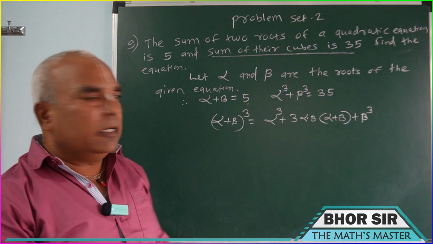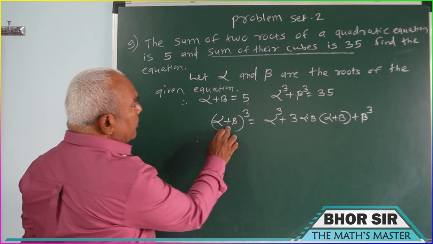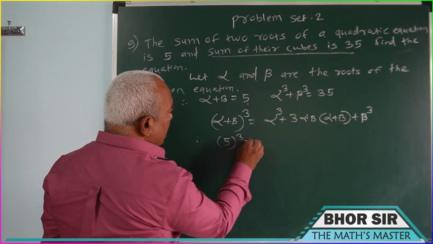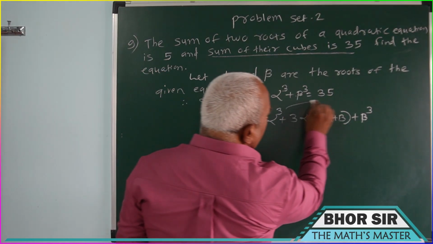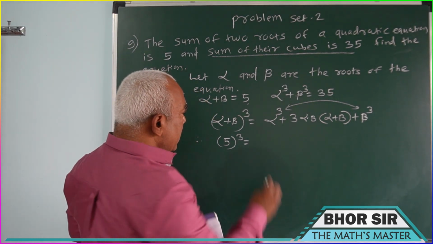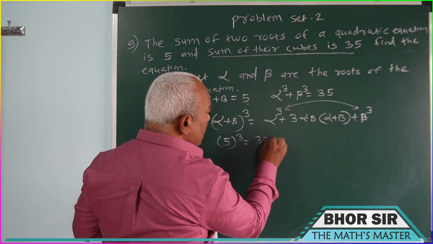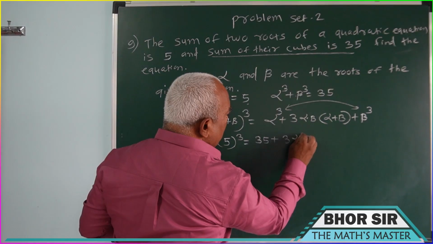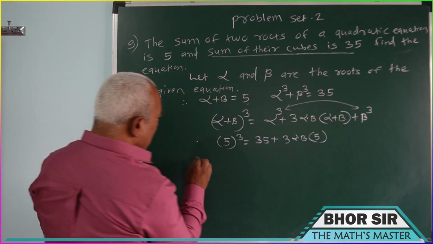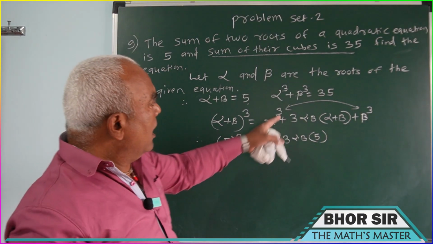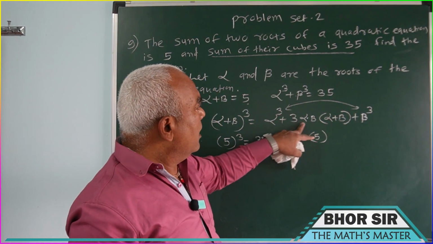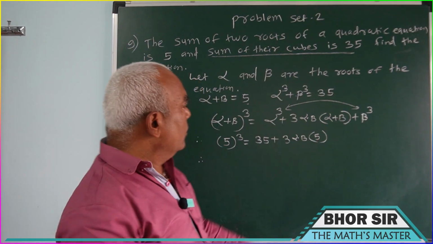This is the identity. Now put in the values. Alpha plus beta, how much? 5. So 5 cube is equal to alpha cube plus beta cube, which is given as 35, plus 3 alpha into beta, which we don't know, into alpha plus beta, which we know is 5.